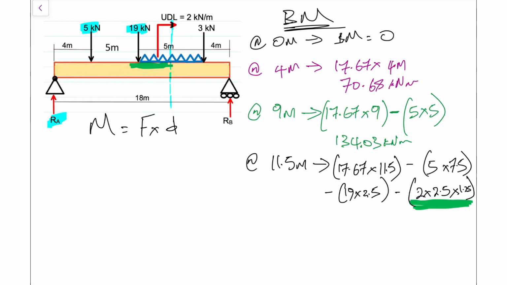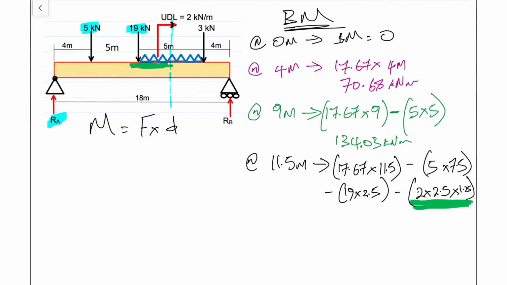But the UDL itself spans 2 kilonewtons now across 2.5. So hence, we have that 2 times 2.5. But how we treat UDL as a point load is we need to put it in the middle of its span. So the middle of that 2.5 span is that 1.25 that I've used to multiply. So that's the analysis for the UDL.